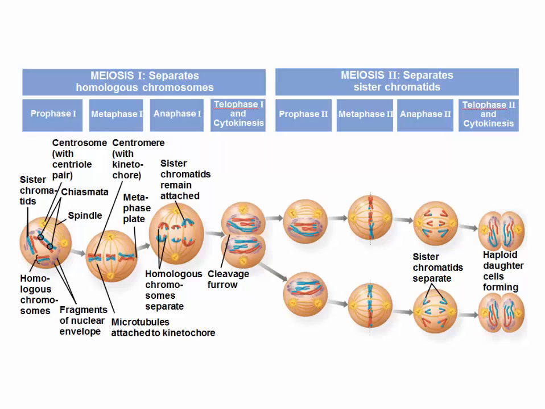I do want to point something out. If you look very carefully, in anaphase 1 of meiosis 1, you notice a small change in the chromosomes. So although at metaphase they look the same, exactly the same, what happened at metaphase was that some genetic material got swapped over to the other side.